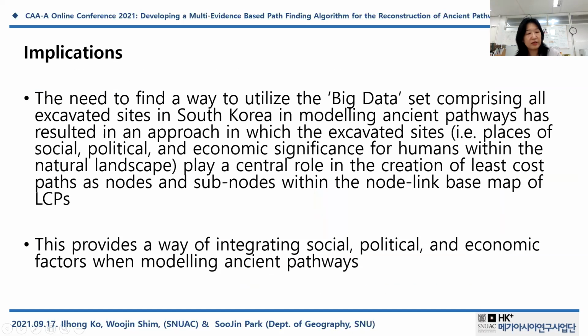So then what are the implications of our research? Well, the need to find a way to utilize the big data set comprising all the excavated sites in South Korea in modeling ancient pathways has resulted in an approach in which the excavated sites, which are obviously places of social, political and economic significance for humans within the natural landscape, play a central role in the creation of least cost paths as nodes and subnodes within the node-linked base map of least cost paths.